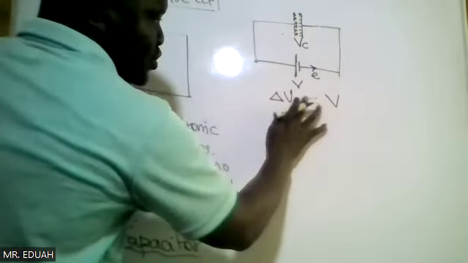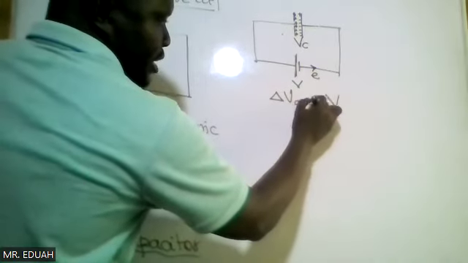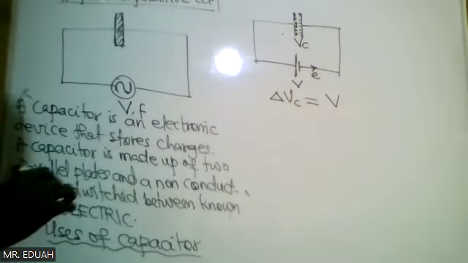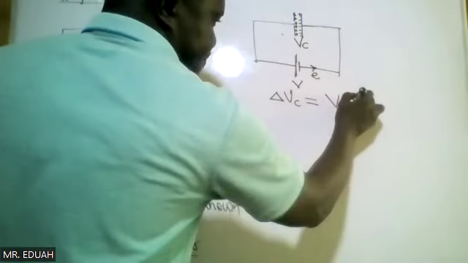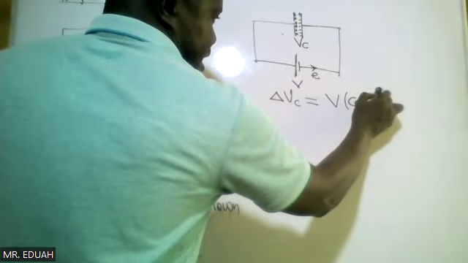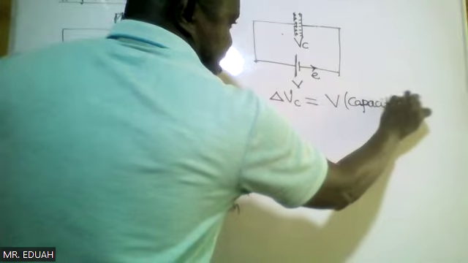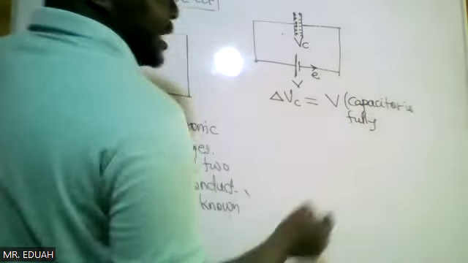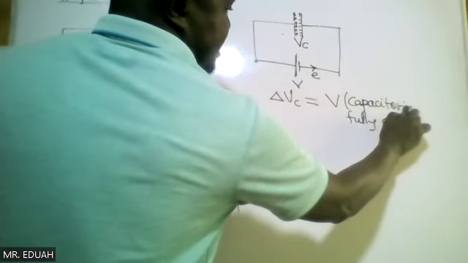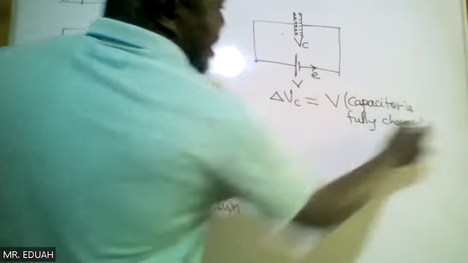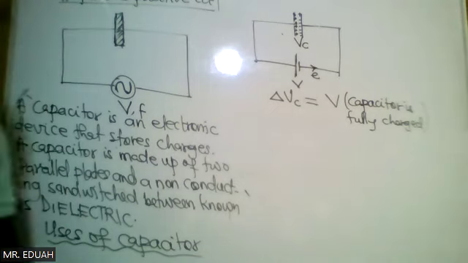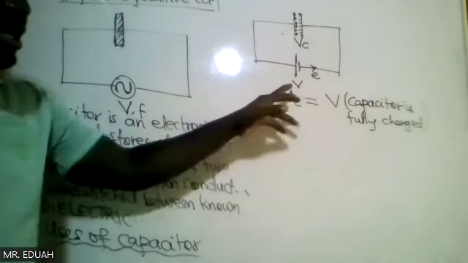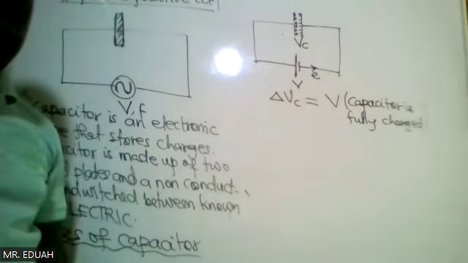At a point where the two are equal, the capacitor is said to be fully charged. So a capacitor gets charged when the voltage drop across it is equal to the source voltage.